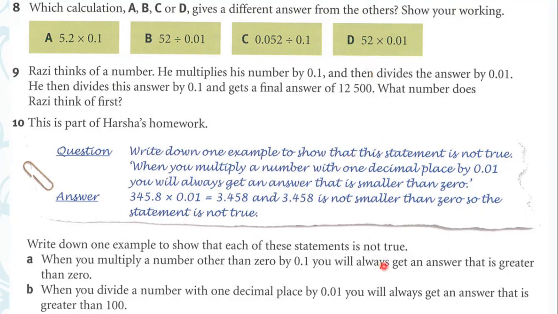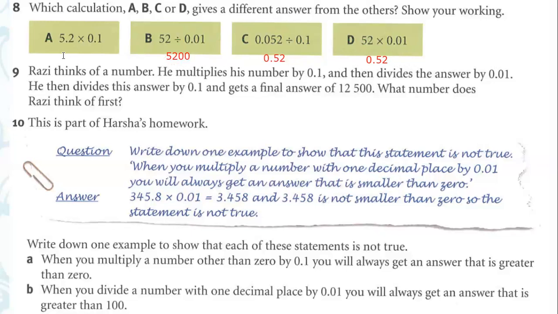The answer of this is 0.52 because it's divided by 100, and this one is multiplied by 10. This also equals 0.52, and when I divide this, it means multiplied by 100, it's equal to 5200.